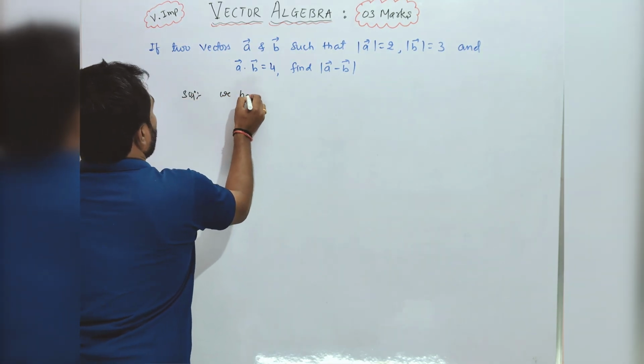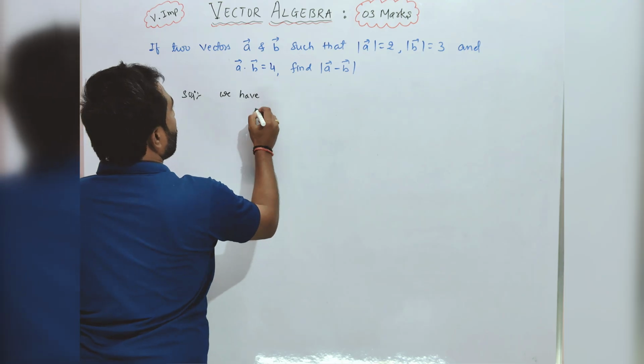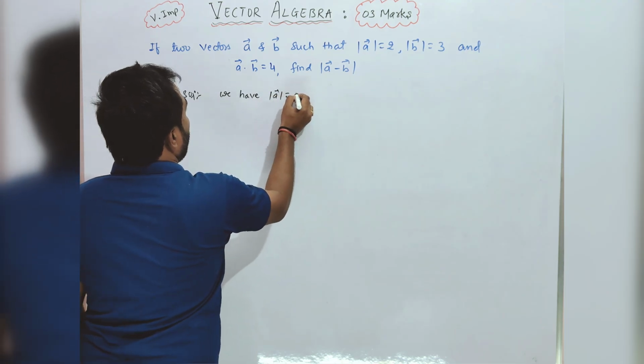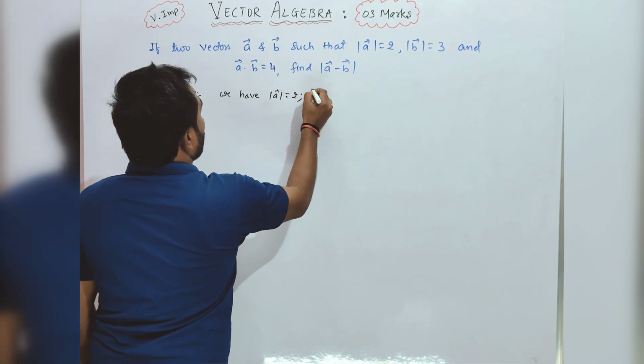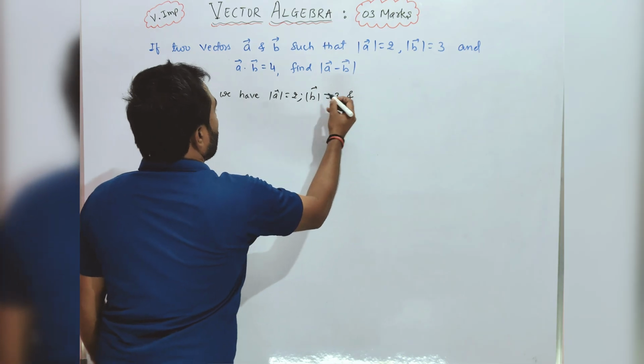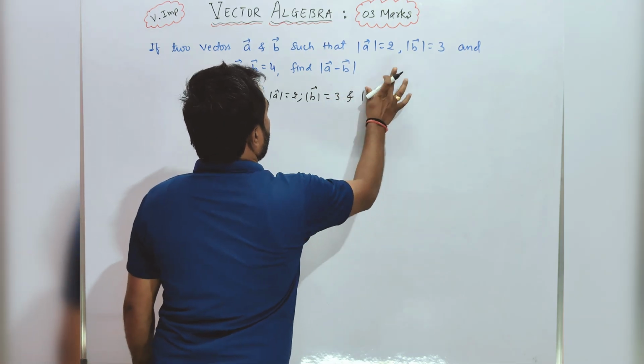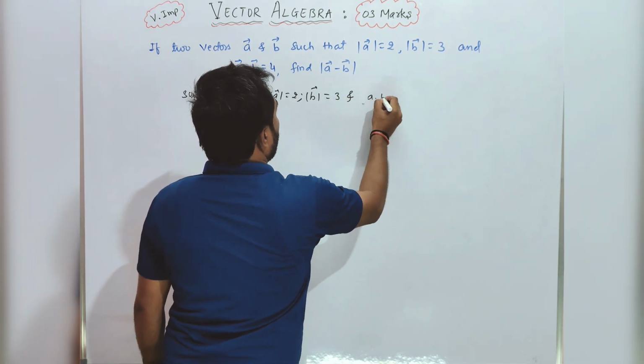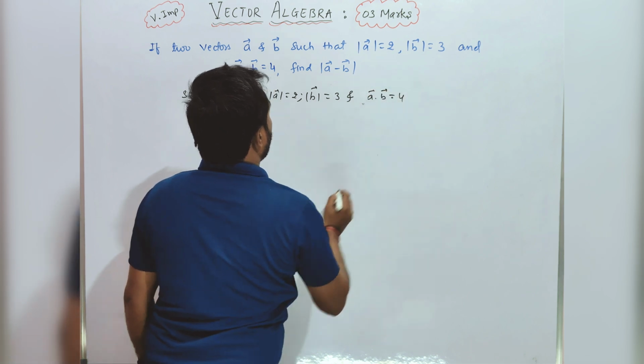So we have modulus of A is equal to 2, modulus of B is equal to 3, and A dot B is equal to 4.